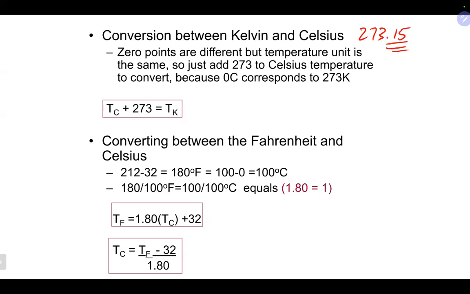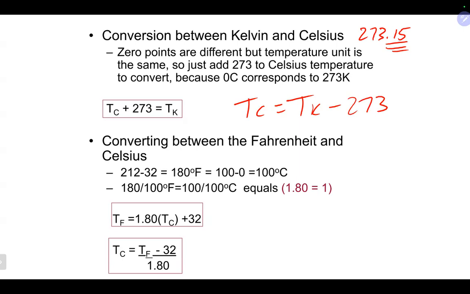I use the 273, so I'm good with the 273, but you might find somebody that still uses the 0.15. But it is temperature in Celsius plus that 273 gives you your Kelvin. Obviously, if you had to go backwards the other way, we would be subtracting. So the temperature in Celsius would be our temperature in Kelvin minus 273 to sort of go back the other way to convert it.